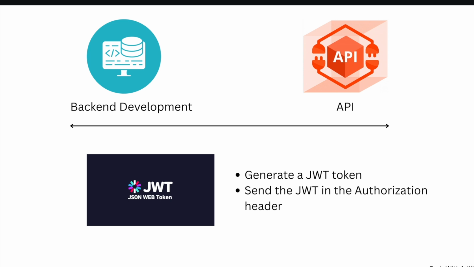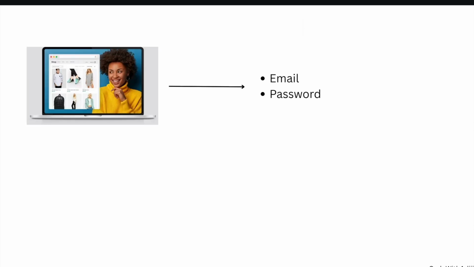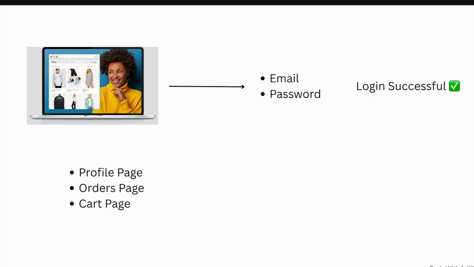So let's start with the problem first. Imagine you open an e-commerce website, you enter your email and password and click login. The server checks your credentials. If they are correct, it knows who you are. Now suppose you open your profile page, then your orders page, and then your cart page. Every one of these actions sends a new request to the server.